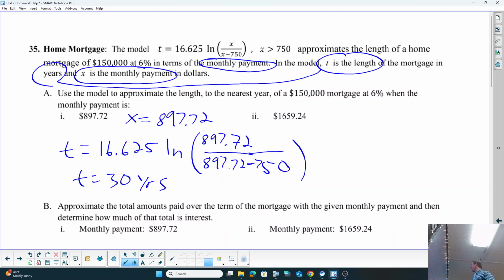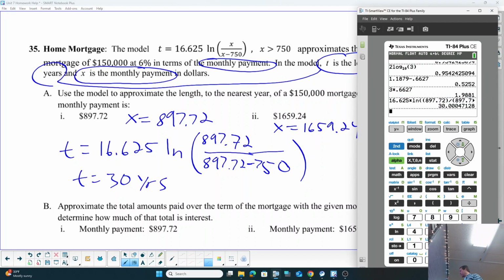And then you're going to do the same thing, but this time x equals 1659.24. So go ahead and plug that into your calculator now. Wherever you see an 897.72, you're going to go ahead and type in a bigger number.